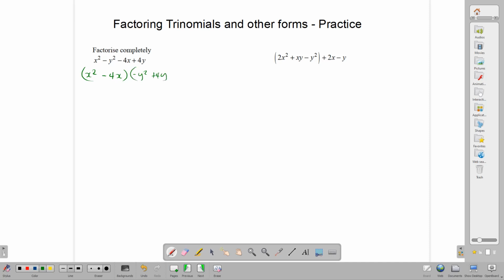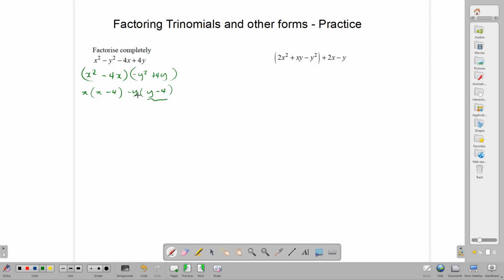So we have organized it. Now let's try to factor it out. X can be the common factor here, and x squared divided by x gives x, and minus 4x divided by x gives minus 4. In this part, we use a minus y, so negative y squared divided by negative y gives us a y, and positive 4y divided by negative y gives us a minus 4.